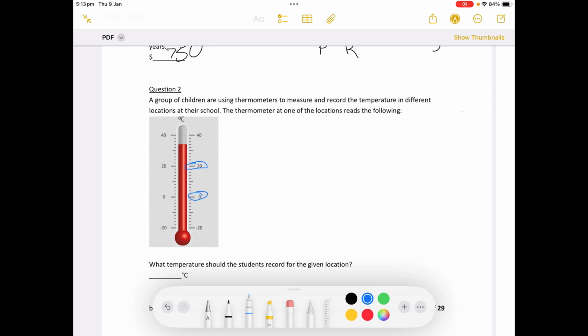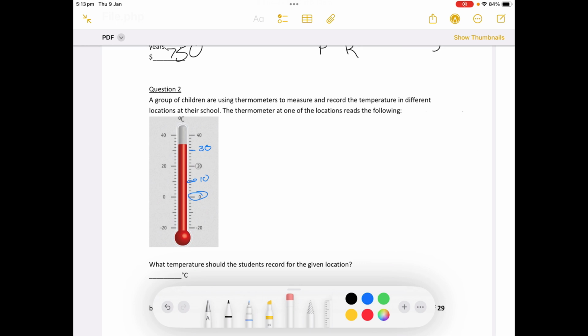Now between them, there is a slightly larger line than normal, and it's exactly halfway. So that's going to be 10, okay? Which means for this one, that line is going to be 30.